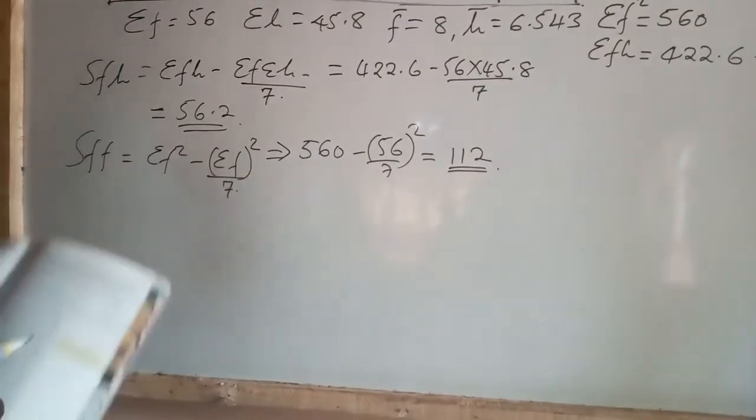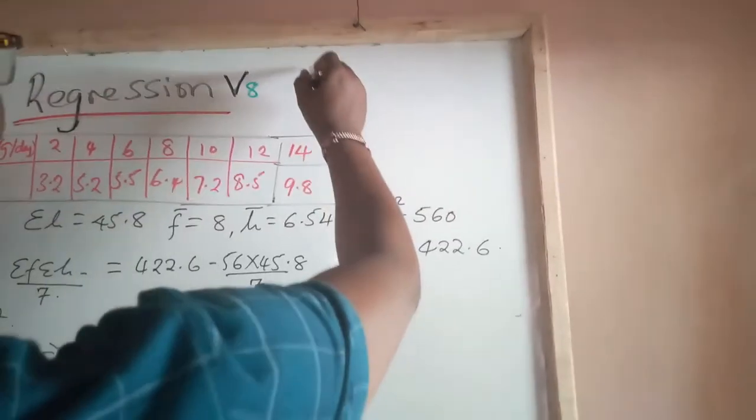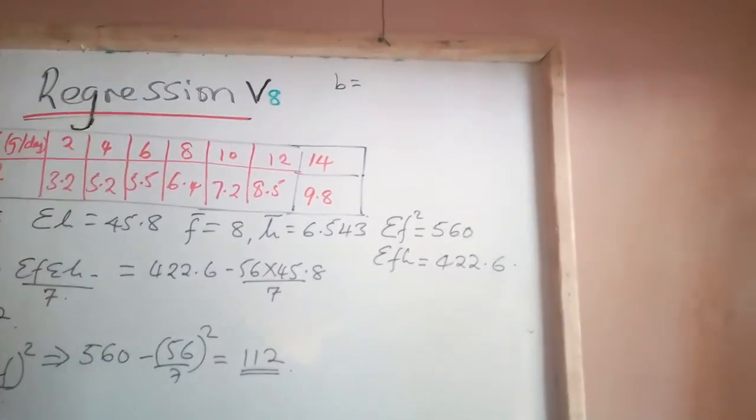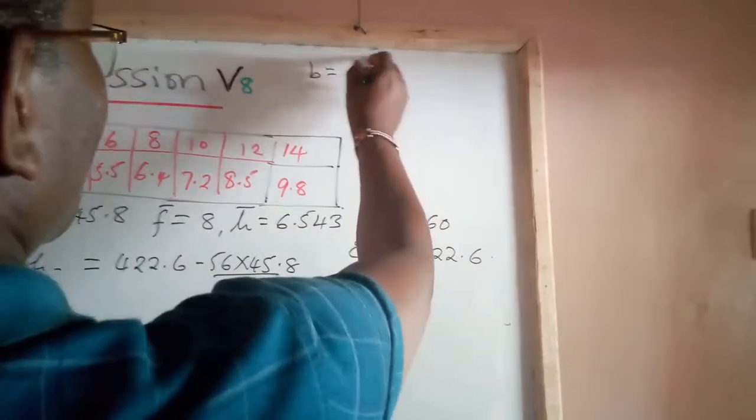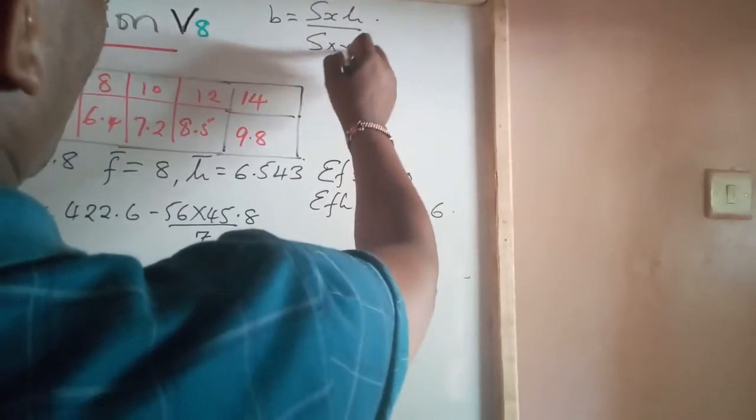And of course, we know very well that generally B is equal to SXY over SXX.